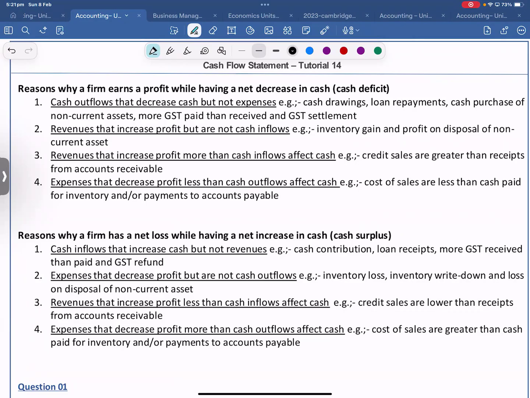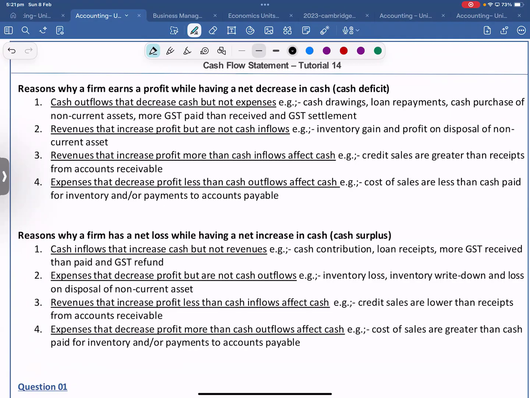Except payments to, except loan repayment or except cash drawings, give two other reasons. That doesn't mean there are only two other reasons; it could be three or four. So you must know each and every one. So it is very strict now. Make sense?